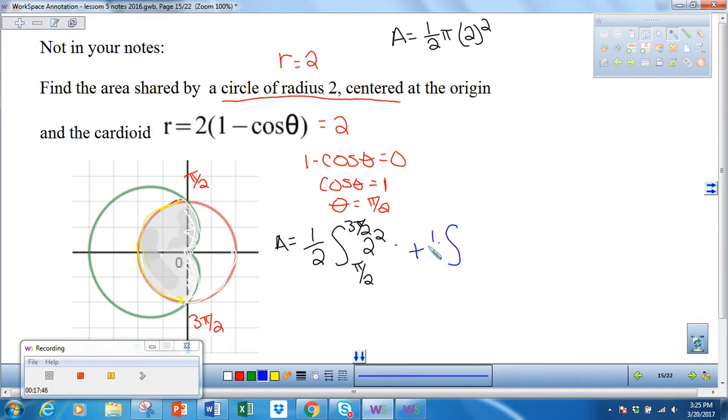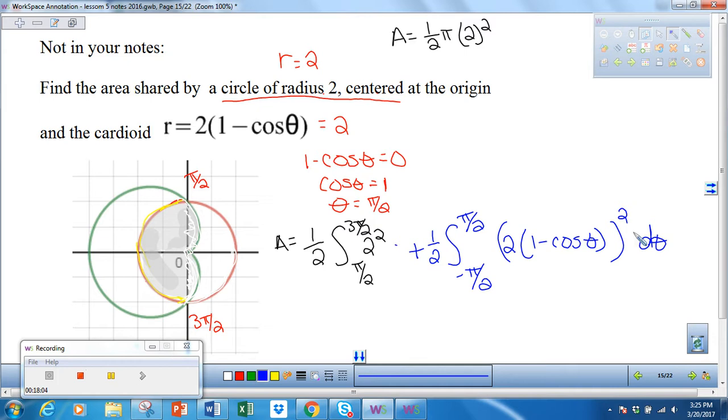And so now my limits are going to be from negative pi over 2 to pi over 2. And now I'm getting the limaçon, which is 2 times 1 minus cosine theta, quantity squared. So I have to get both of those in order to get the correct answer.